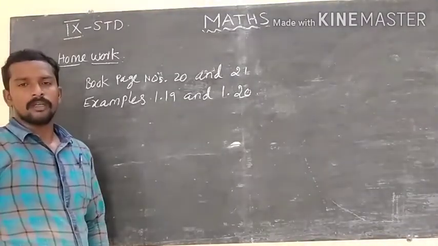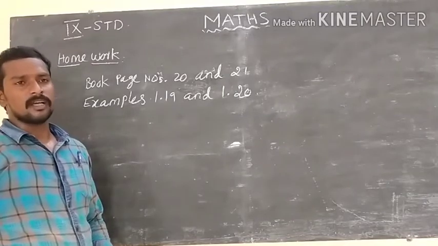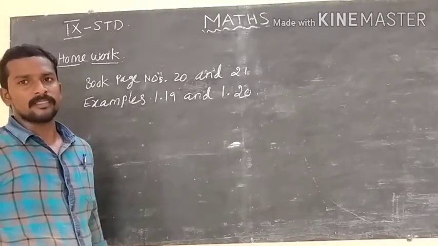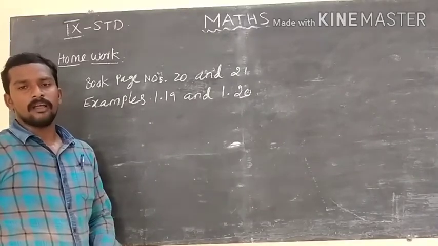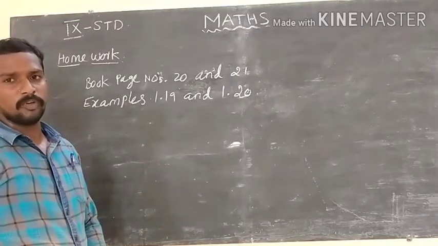Okay, dear students, in this section we have discussed three properties: the commutative property, associative property and distributive property.